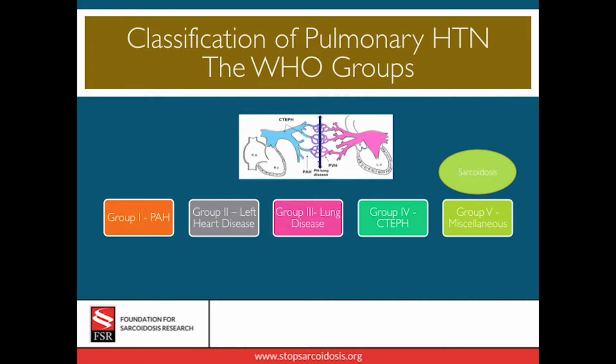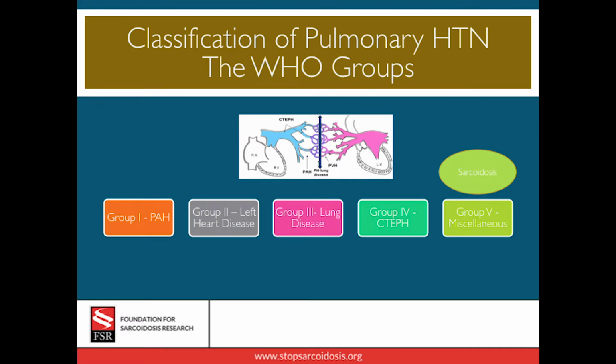There are about 40 to 50 different causes that can cause pulmonary hypertension, and each of them can involve any of these areas. Depending on how and where they involve, and their response to treatment and their pathophysiology, they are bundled into these groups for providers to triage and say, these are the patients whom I can treat, and these medications and so forth. But interestingly, sarcoidosis falls in this group of miscellaneous.